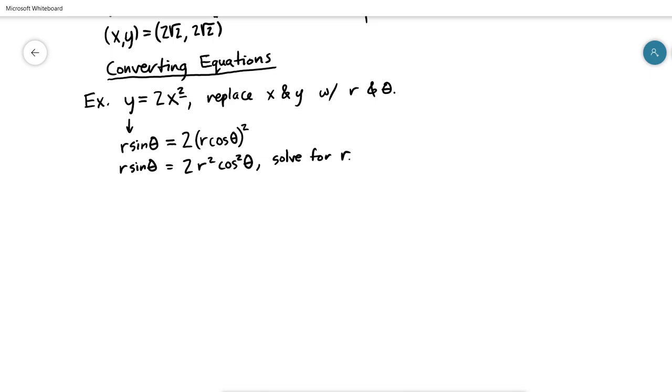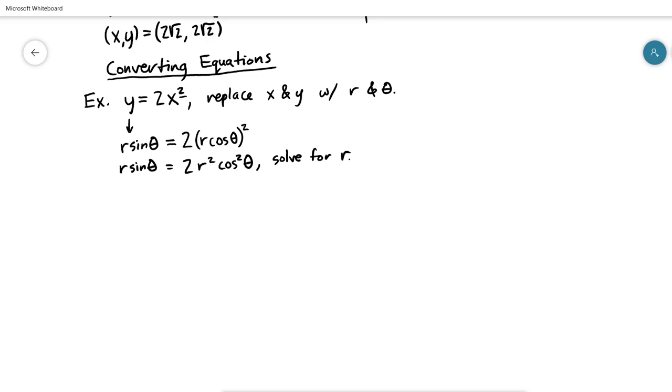So essentially, what I'm going to do is divide both sides by, we've got an r here, we've got an r squared here. I want to divide both sides by this whole r sine theta. Let me just again delete these underlines. I'm just trying to highlight what I'm pointing at.